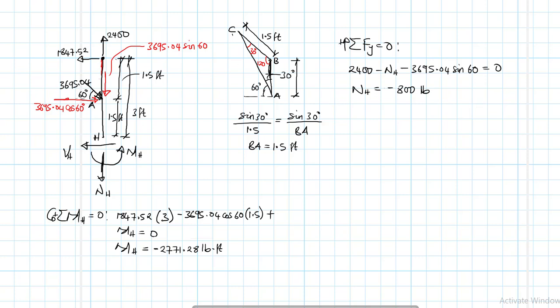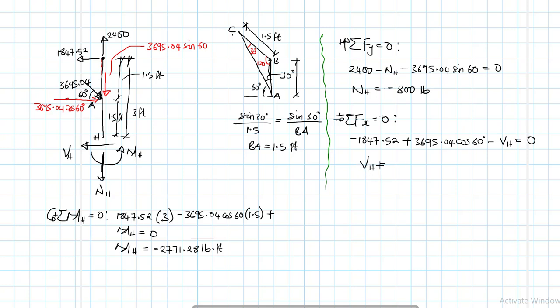Okay, so now let's find the summation of forces in the x direction. What do we have? We have a minus 1847.52 plus 3695.04 cos 60, and then we have minus our VH is equal to 0.